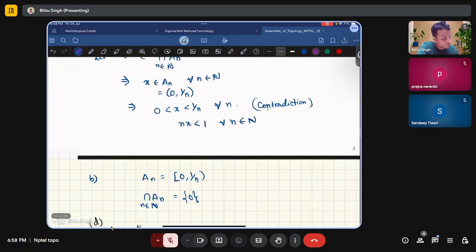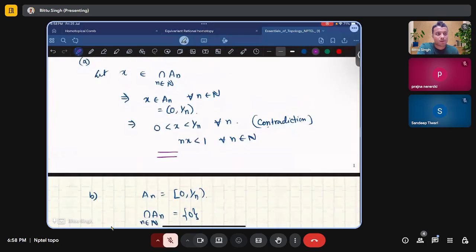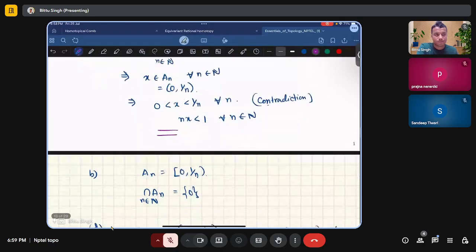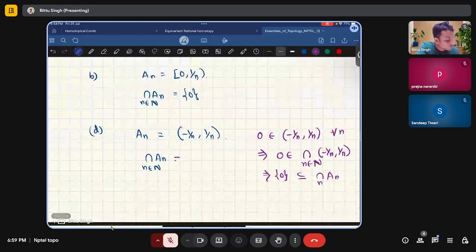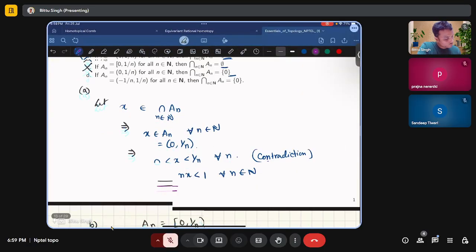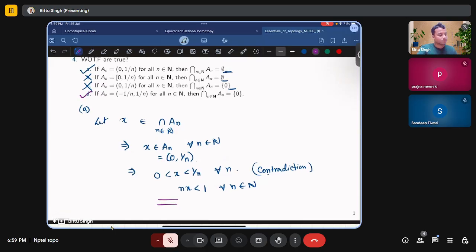You can prove it in a similar manner: nothing other than 0 belongs to this set. So this intersection will be {0}. So this is true. So option A and option B.